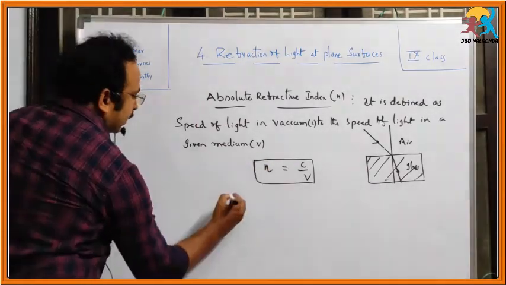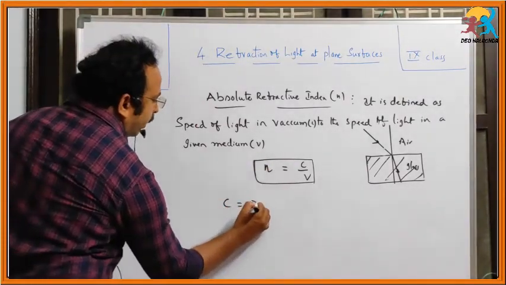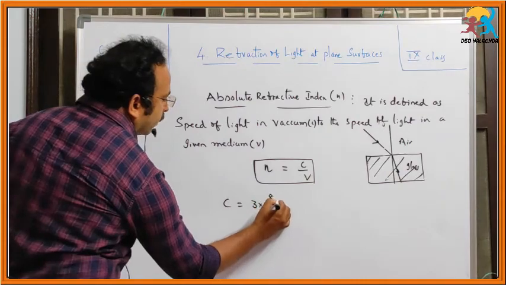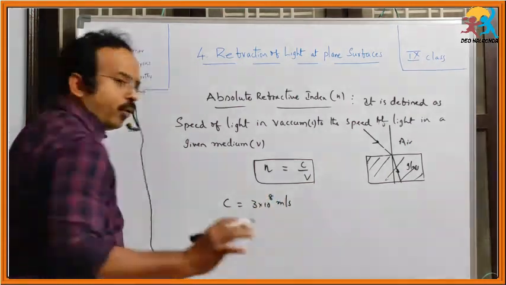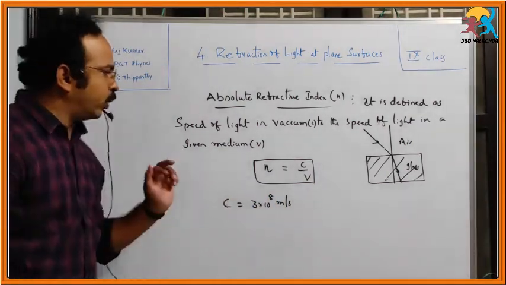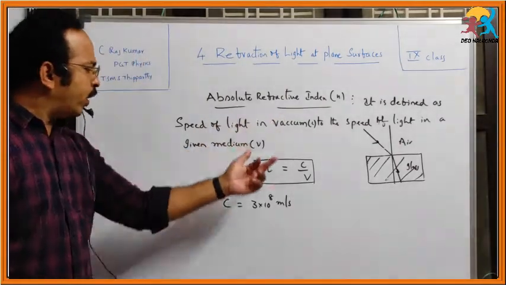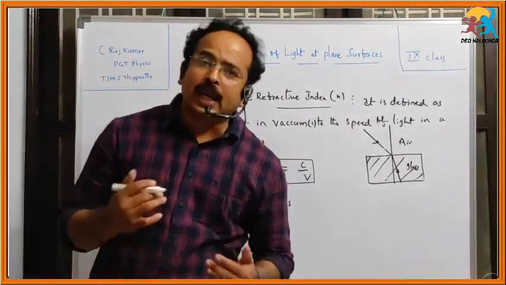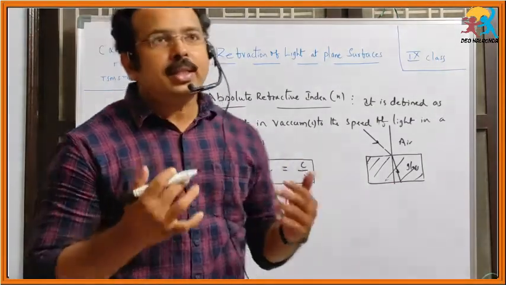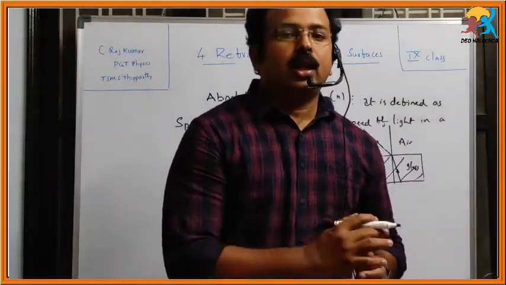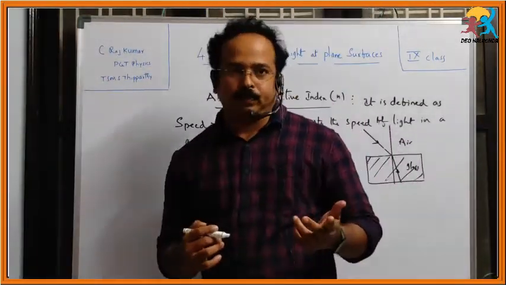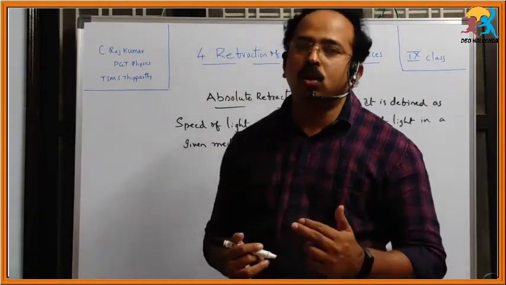The speed of light c in vacuum has a value of 3 into 10 to the power of 8 meters per second. Very, very important value. And the value of refractive index gives you an idea of how much speed the light has in a given medium, whether it is going fast or slow.